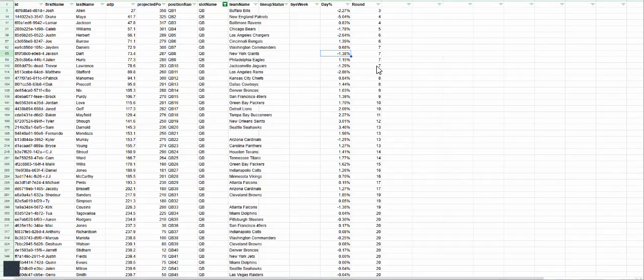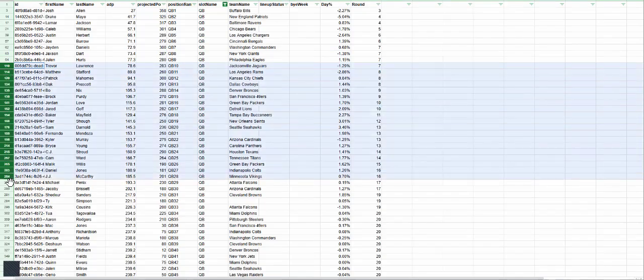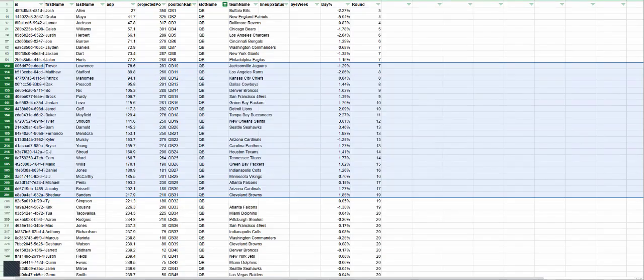Now, at the same time, let's see what's going on with the quarterbacks below that. So maybe from Trevor Lawrence on down. There's Shedeur Sanders, who we saw in here. When looking at these quarterbacks, you can see that Lawrence and Stafford are falling just a little bit.